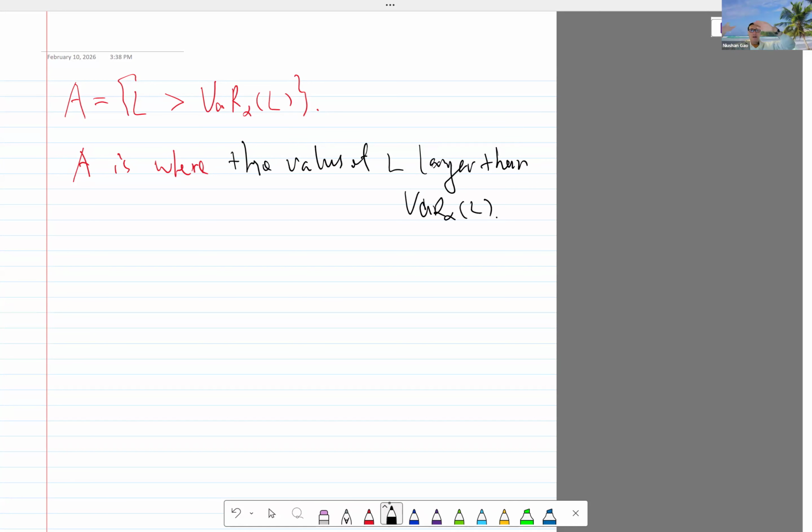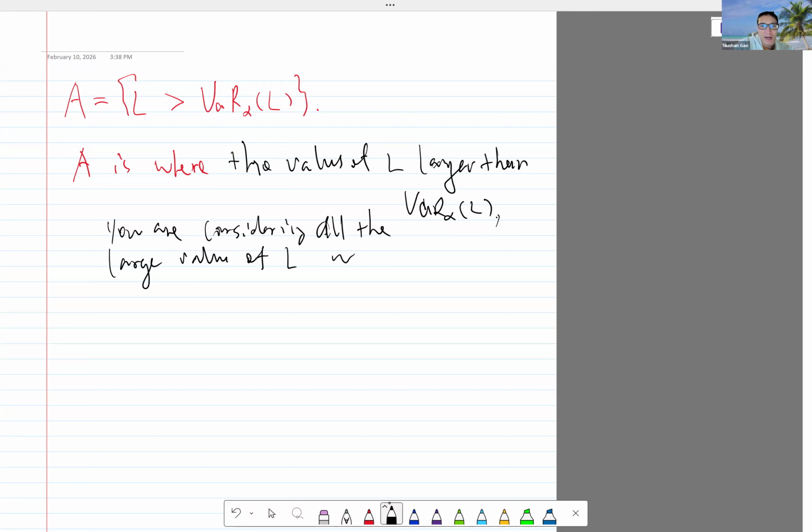So basically, you are considering all the larger values of L up to the cutoff line. Value at risk is just a number, remember.